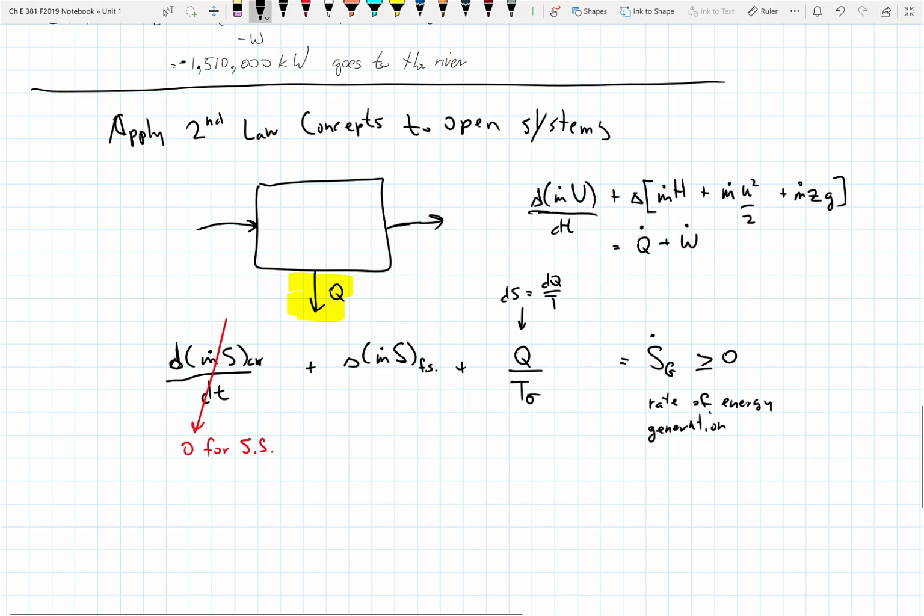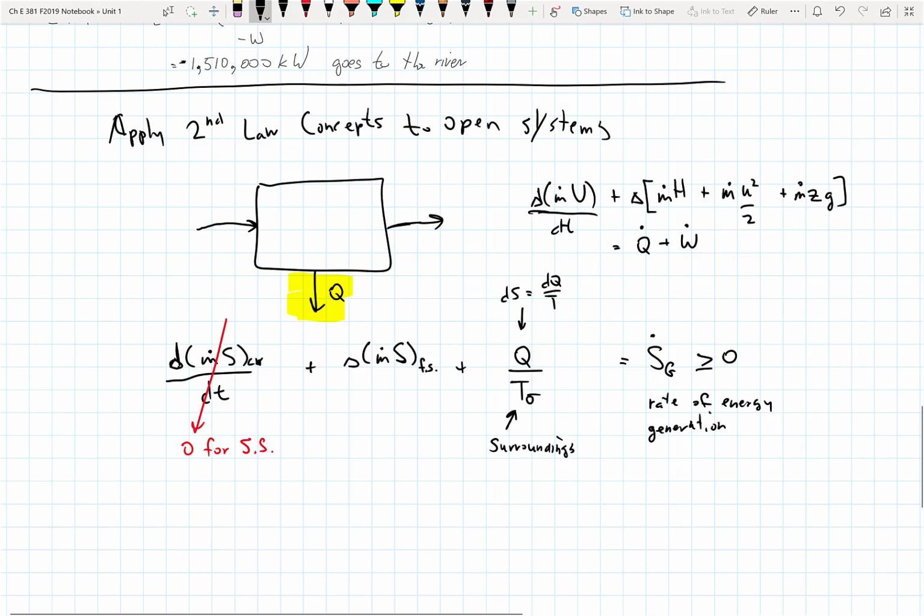So this Q term is going to be whatever heat flow is associated with the process, and there could be more than one. The temperature that appears in the denominator is going to be the temperature of the surroundings. So if there is heat being ejected to a cold river, for example, then the T sigma would be whatever the temperature of the river is.